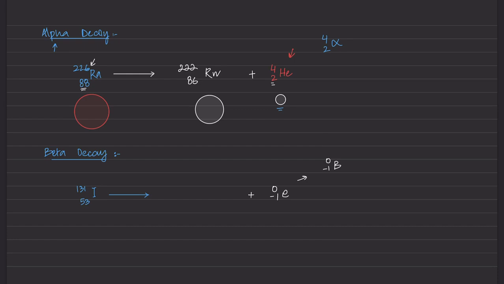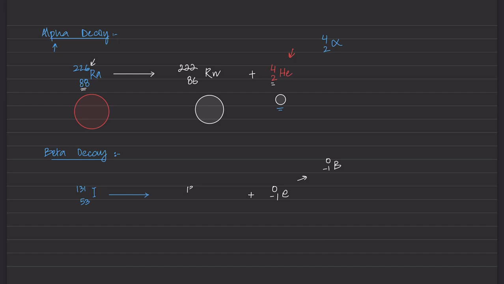Now, one thing I did not mention earlier: always remember, whatever you have on the left-hand side and whatever you've got on the right, they both have to be equal. This is 226, which means this side should be equal to 226. This is 88, this should be equal to 88, which is the case. It's balanced in the first case. For the beta decay, one electron leaves, which is written as -1.